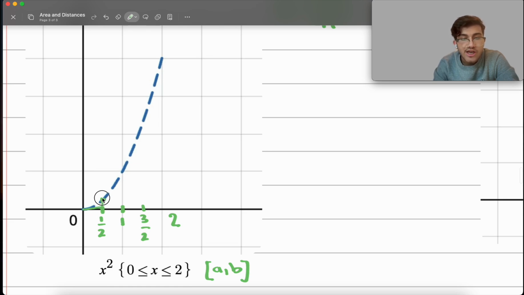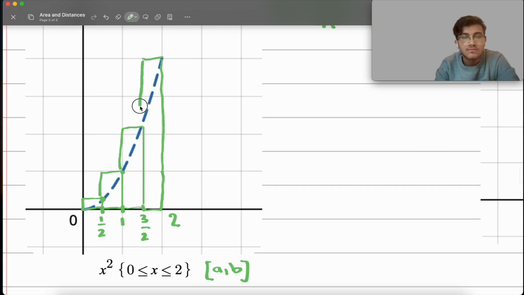When it touches the curve, I'm going to draw my rectangle. I'm going to do the same thing right here. It touches the curve, continue to draw my rectangle. It touches the curve right here. I'm going to continue drawing my rectangle. Then it continues here, and finally this will go up here, and this will be this one right here.